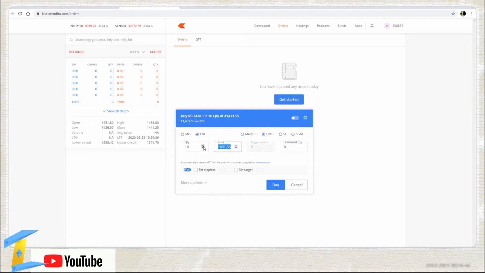What does the limit order do? Limit order makes sure that you are able to buy it only at the price at which you want the order to be executed. So in our case, we want to buy 10 stocks at this price only, not at whatever price the market is currently trading at. In this situation, you put 10, you put 1400 and you hit buy, and your order gets placed.